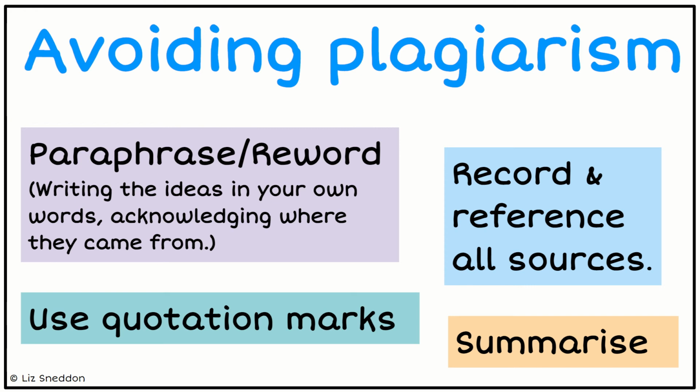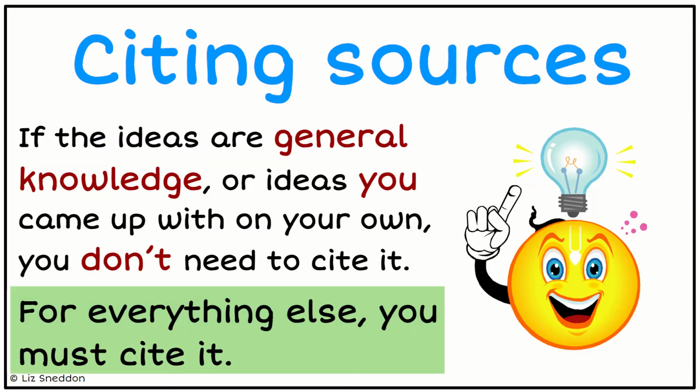This is when you rewrite it in your own words, but you also at the same time acknowledge where those ideas came from. If I want a specific quote, then I put some quotation marks around it. I want to record and reference all of my sources, and I often want to summarise, so rewrite all those ideas in my own words.